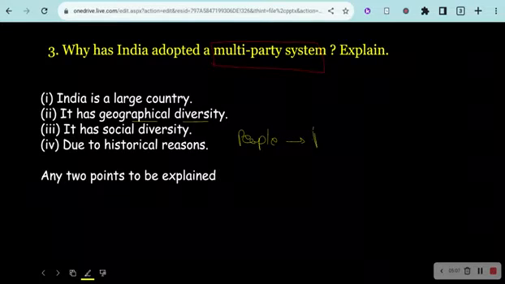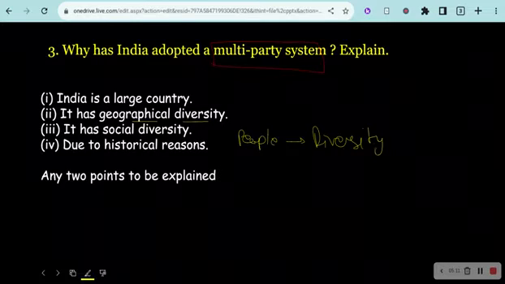People in Tamil Nadu are different from people in Haryana, and people of Jammu Kashmir are different from Kerala. So there is huge diversity, along with social diversity as well. Due to historical reasons, as well as what happened before independence, a multi-party system is opted.